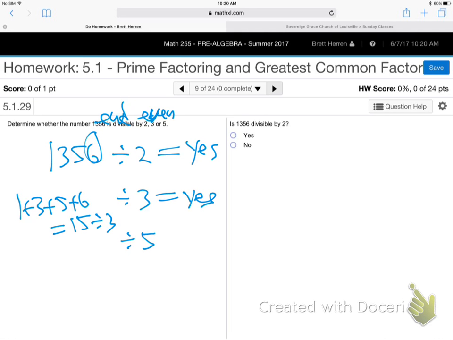Yes. 3 goes into 15, so 3 goes into 1,356. Know it that quick. Goes in evenly. How about 5? No. It ends not with a 0 or 5. Quick and easy? I don't know if that's quicker than a calculator or not.